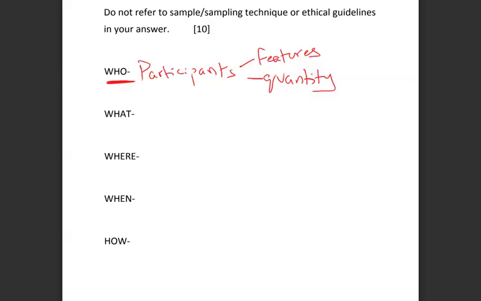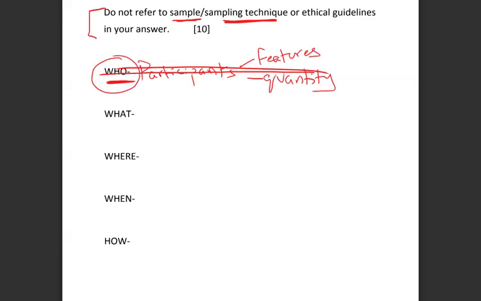Okay. However, although this is a very important point, perhaps it's no longer required in your design answers from 2024 onwards because of this. Do not refer to sample or sampling technique. If your question includes this line, immediately all of this will be scrapped. There is no need to refer to this. So an entire part of the planning, the who aspect, will be no longer required in your answer. All right.